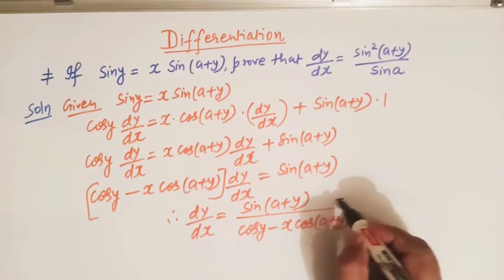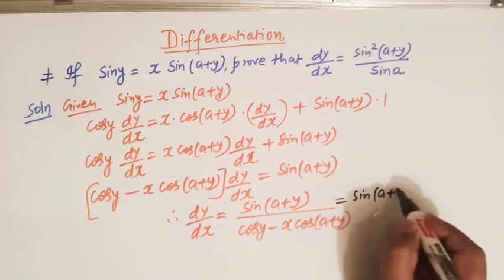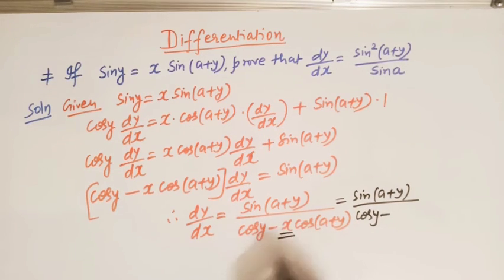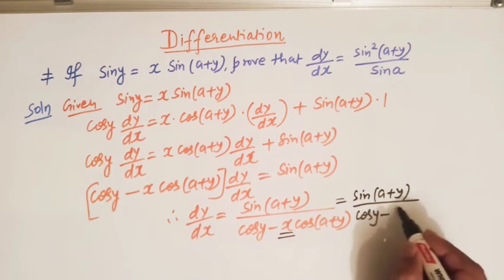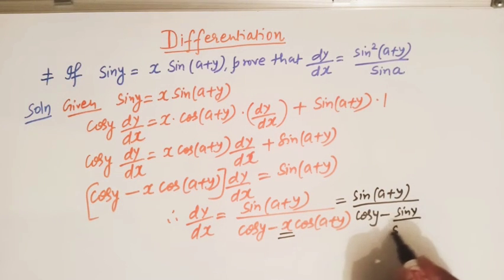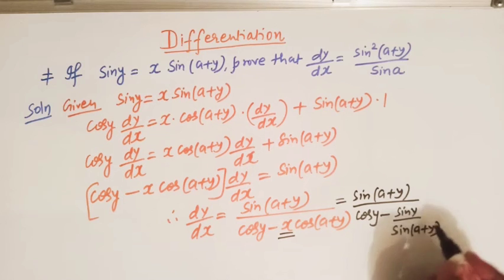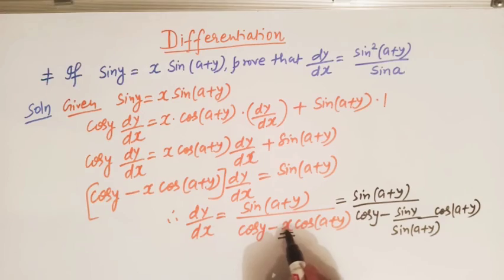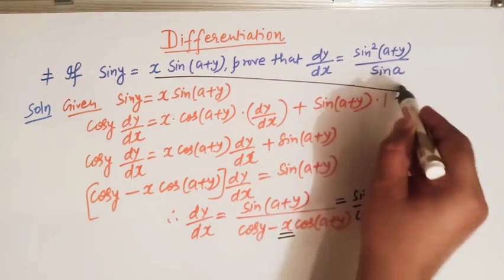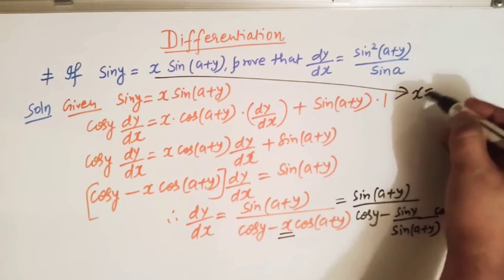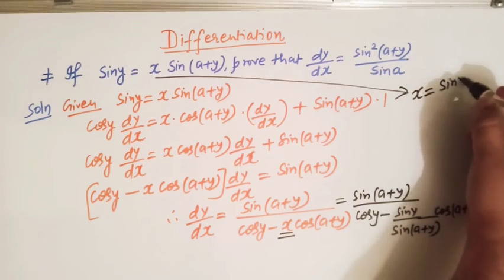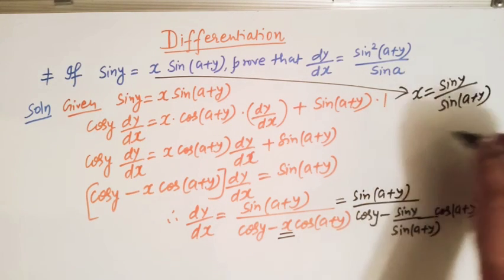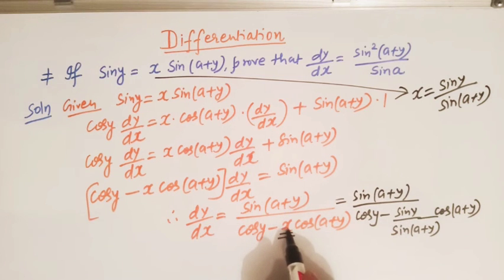Now for this x we can write sin y divided by sin(a plus y), and here we have cos(a plus y). So for this x from here we have written the value of x as sin y divided by sin(a plus y). So we have substituted this value at this place.